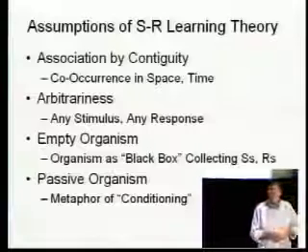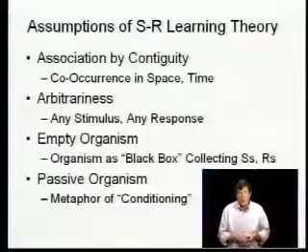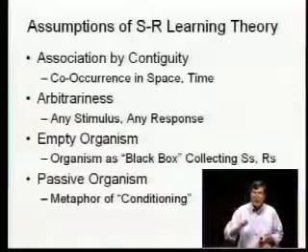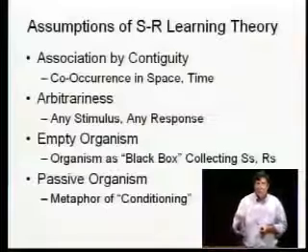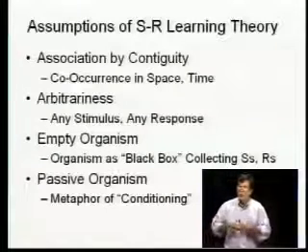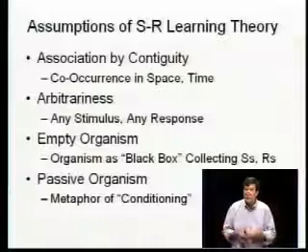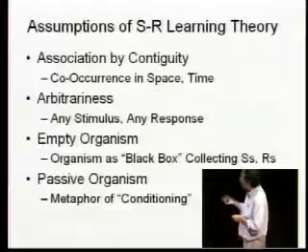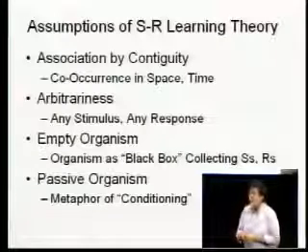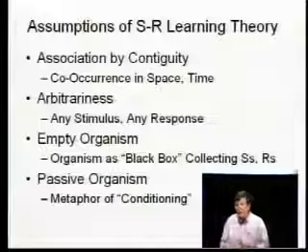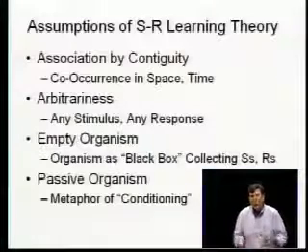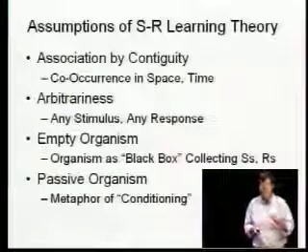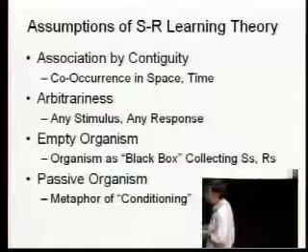First, undermining the assumption of arbitrariness. You can't just pick stimuli and responses arbitrarily and expect animals to learn them. Animals are prepared to learn those stimulus response associations that they're predisposed to learn by virtue of evolution. And you can't construe the organism as empty. You have to understand that evolution has shaped its nervous system so as to prepare it to learn some things and to prevent it from learning other kinds of things.